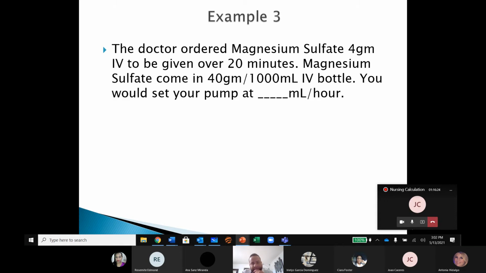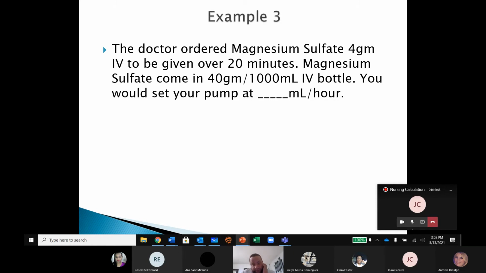Everyone got it? No. Okay, let me go over some details for this example, some tips that you can develop. So you need to give them 4 of magnesium sulfate over 20 minutes. That's right? Yes.